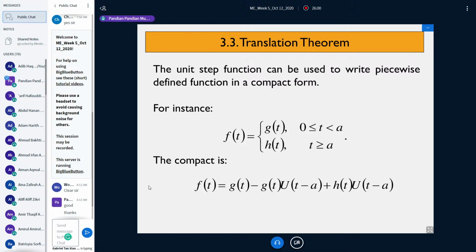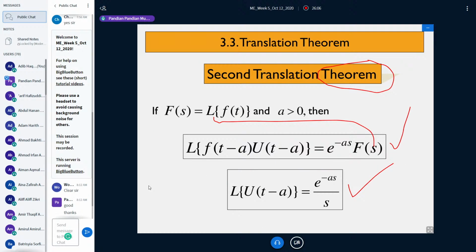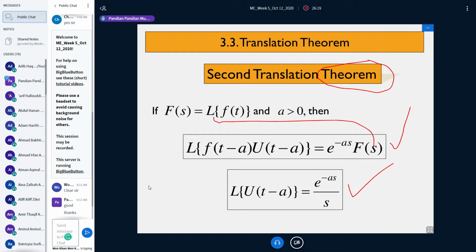Now, this translation theorem, if you compare the translation theorem here, the example here is a standard unit step function, 0 and 1. It's very easy. But we also have a more complicated one, that is g and h.